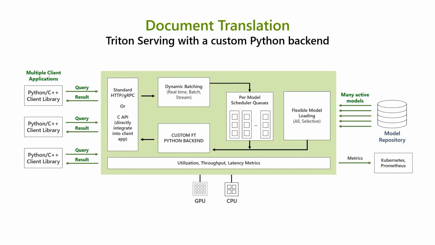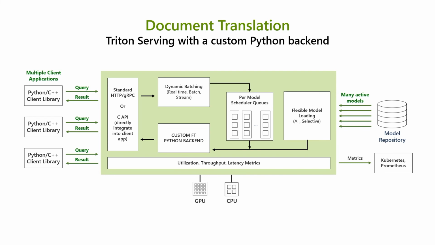And now your backend will sit behind Triton. Your backend will take in the requests, run inference, and send responses back to the users. And with your backend, you still get all the nice capabilities of Triton, such as throughput, latency, and utilization metrics.